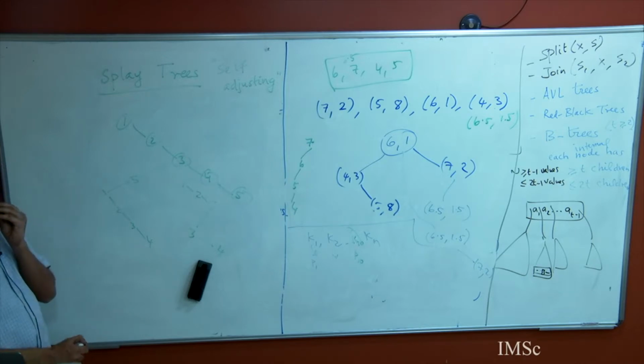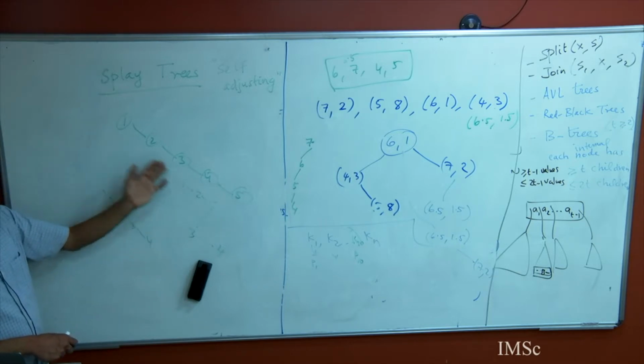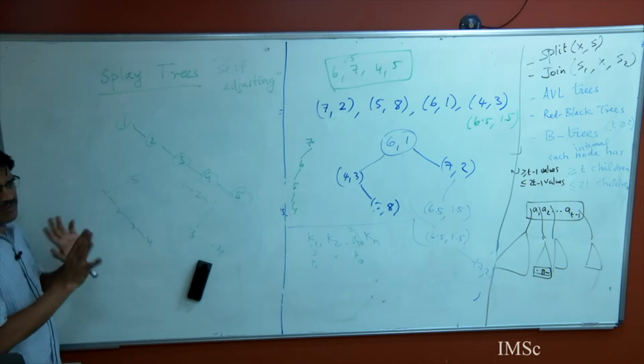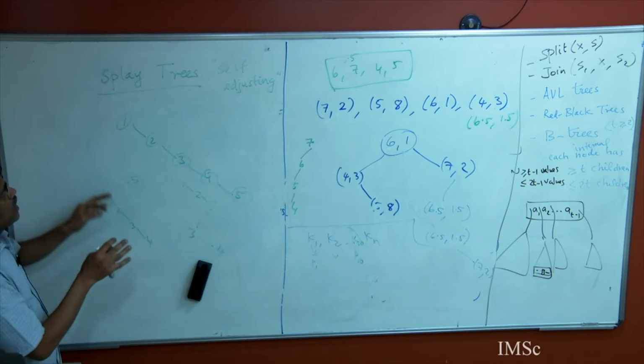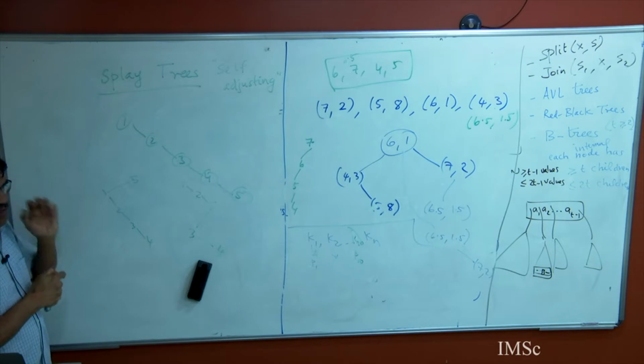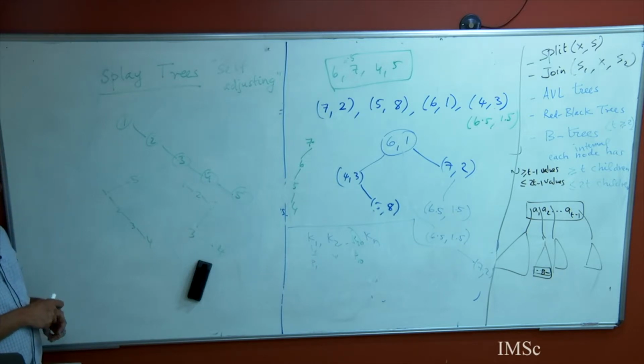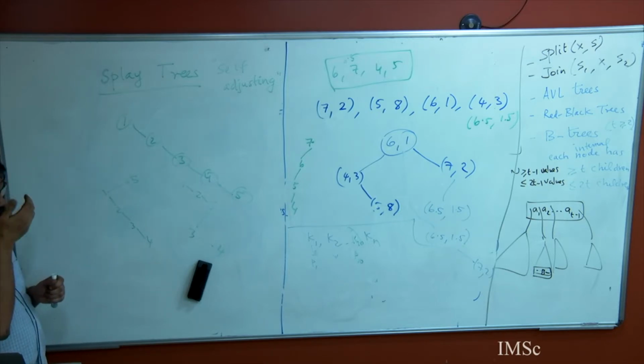This is not really good because now you can call for a search to 4. If your tree is looking like this, because we are not going to do any balancing, because the whole point of doing splay trees is that it's self-adjusting. No, I have to maintain the binary search tree property. At the end, it has to be a binary search tree, right?